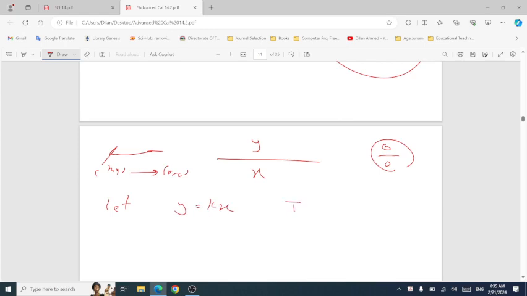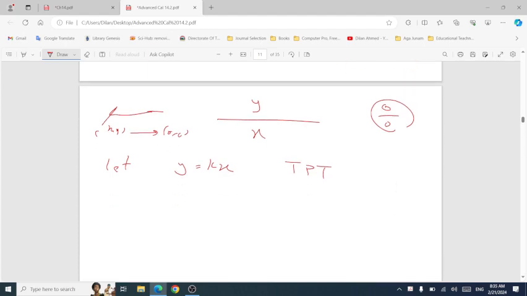This is called the two-path test, TPT. Did you understand? Then the limit of y over x changes to something like that. Clear? And I'll get what? k. So I say it does not exist.